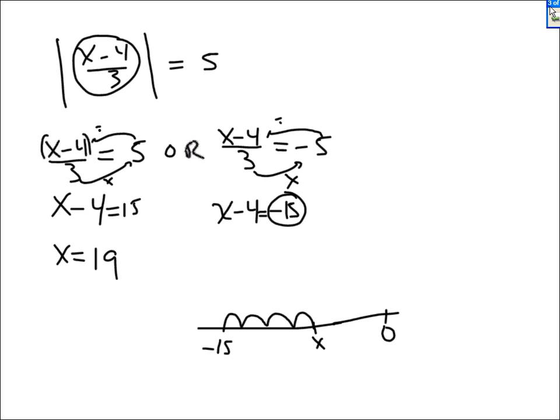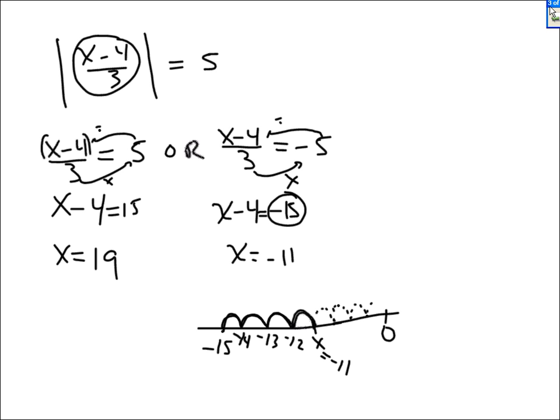That way you won't go negative 16, negative 17, negative 18, negative 19, because if you did, I'm going to ask you, when are you going to get to 0? It's negative 15, negative 14, negative 13, negative 12, negative 11. x is negative 11. But I thought absolute values cannot have negatives.